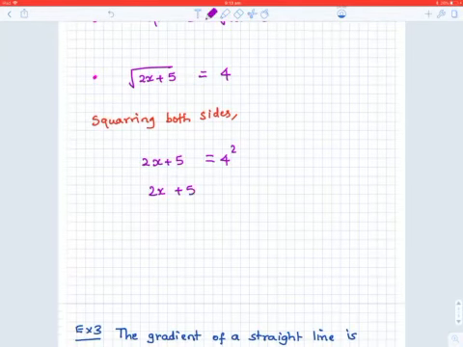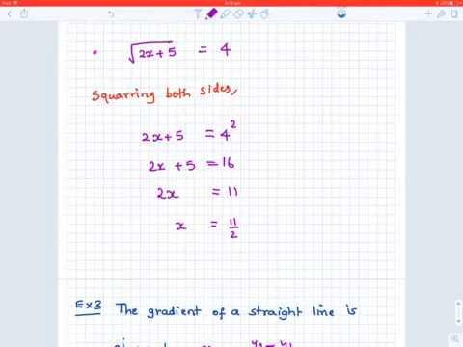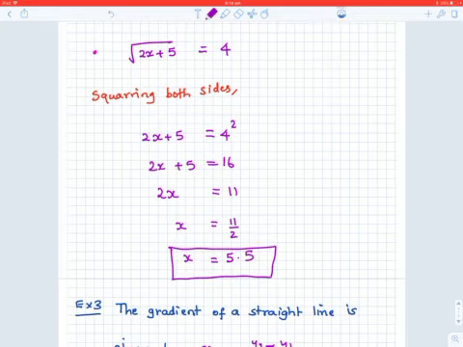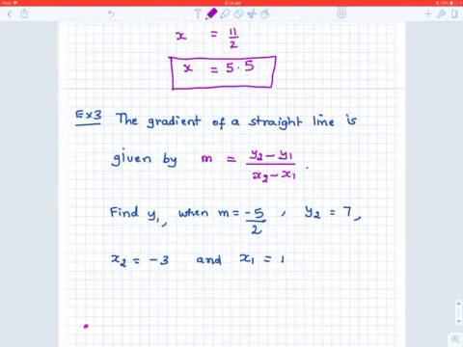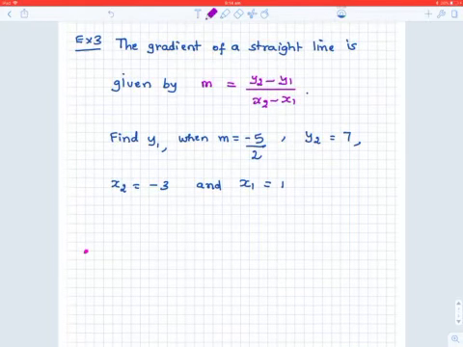Squaring both sides, we end up with 2x plus 5 equal to 4 squared, or 16. Then 2x is 11, and x is 11 over 2, or you can write x equal to 5.5. Both are acceptable. So this is the answer for this question.